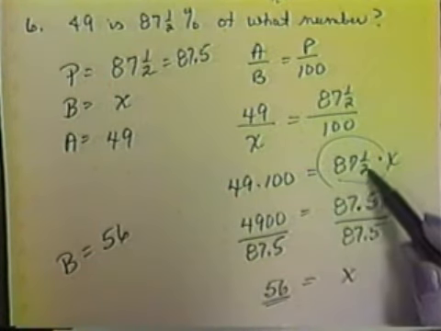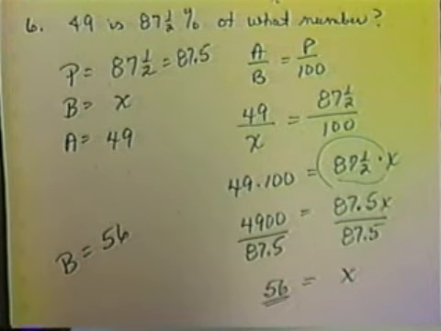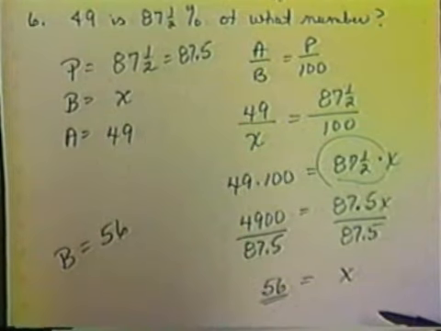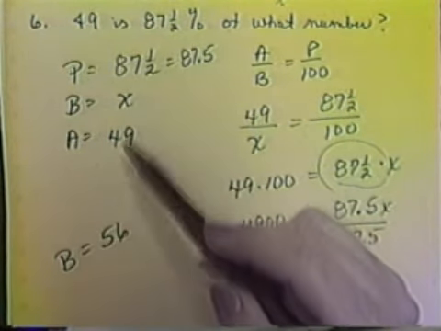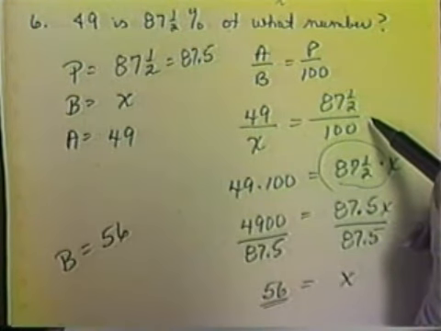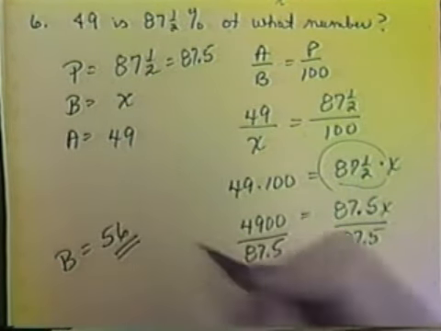So it doesn't matter whether you change this to a decimal or leave it as a fraction, the solution will come out the same if you do the arithmetic with your numbers correctly. Remember, we identify the percent, the base, and the amount, substitute into our percent proportion, and solving the proportion will give us the answer we're looking for.